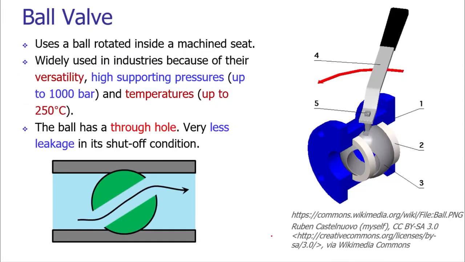The next type of valve is the ball valve. It's very widely used in the industry. Here we are using a ball which is rotated inside a machined seat. The typical construction of the ball valve can be seen on your screen. This is the body of the ball valve.